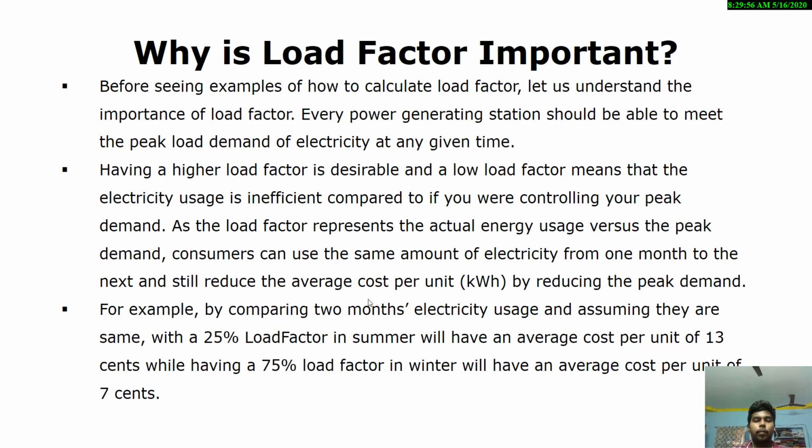For example, comparing two months of electricity usage, assuming they are the same, a 25% load factor in summer will have an average cost per unit of 13 cents, while a 75% load factor in winter will have an average cost per unit of 7 cents.